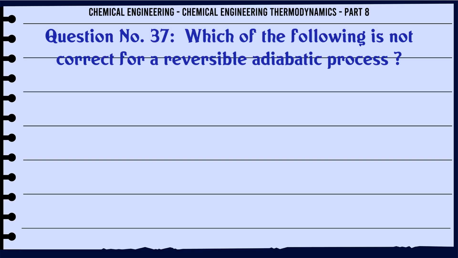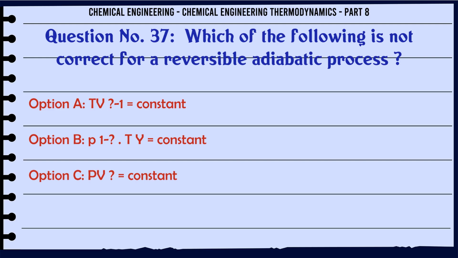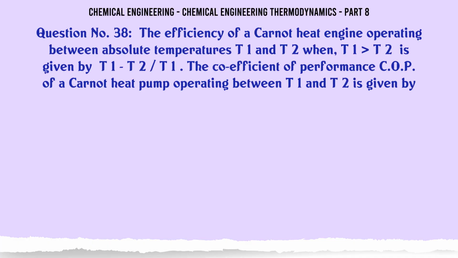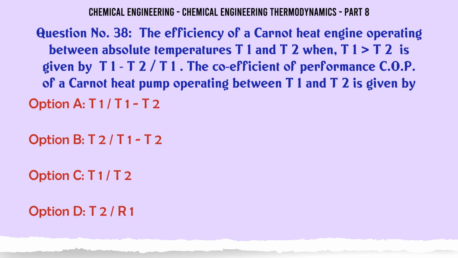Which of the following is not correct for a reversible adiabatic process? A. TV^(γ-1) = constant, B. P^(1-γ)T^γ = constant, C. PV^γ = constant, D. none of these. The correct answer is none of these. The efficiency of a Carnot heat engine operating between absolute temperatures T1 and T2, when T1 > T2, is given by (T1 - T2)/T1.